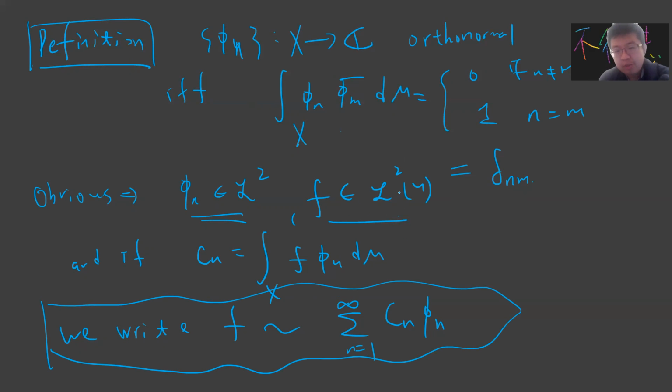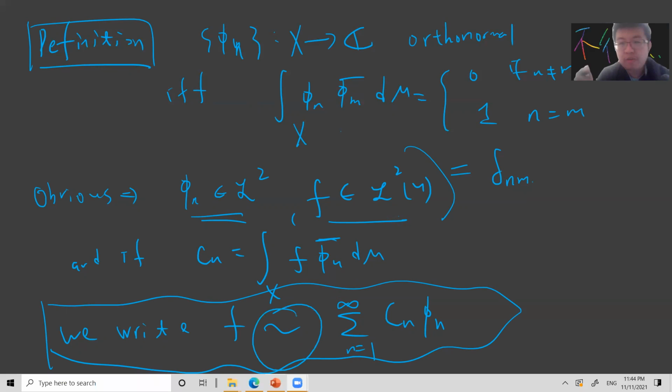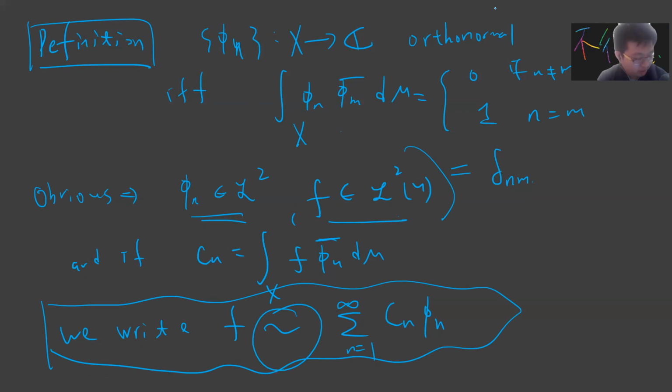So if f belongs to L2, I can define Cn to be the inner product of f with this phi n bar, then I will write f approximately equals the sum of Cn phi n. So I use this notation. This is the same as I use in Fourier analysis. I never say that these two will be equal.